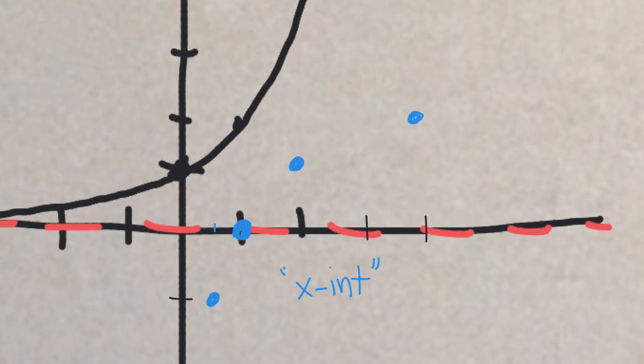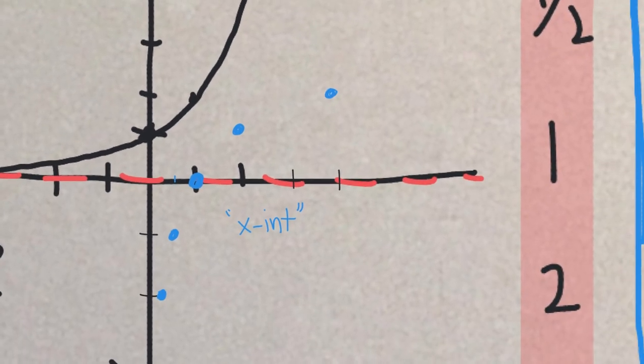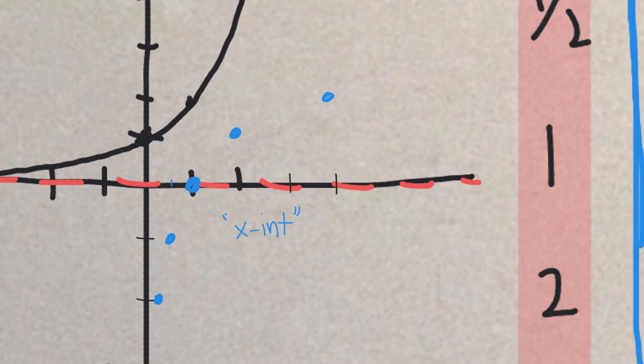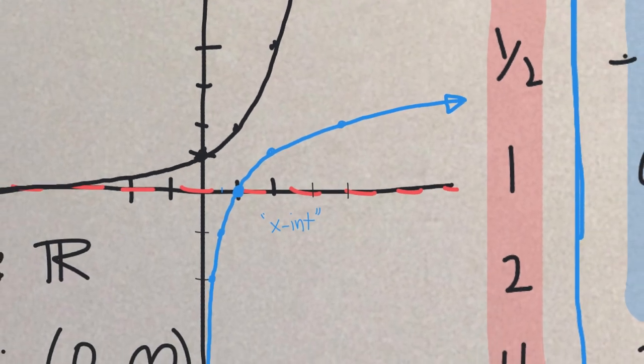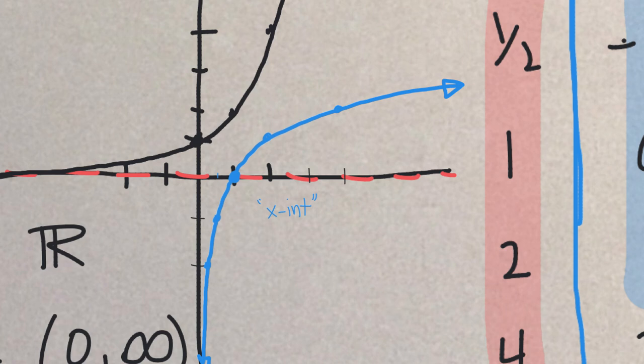Our logarithm graph is going to start close to your vertical asymptote, close to your y-axis. It's going to come through these points, hit your x-intercept, and then grow logarithmically, which is much less steep than exponential growth, but it has a vertical asymptote at x equals 0.